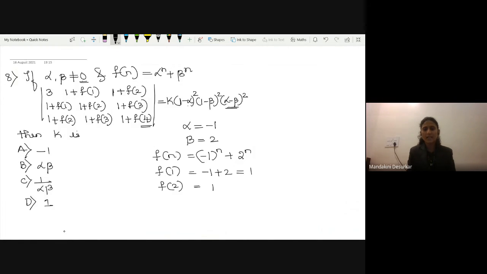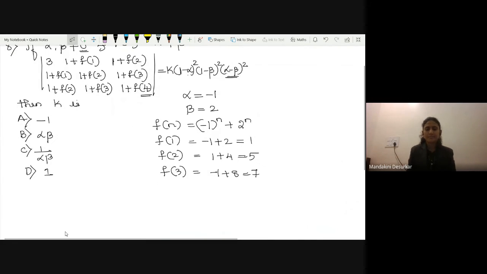It is 1 plus 4, which is equal to 5. F of 3 is equal to minus 1 plus 8, which is equal to 7. F of 4 is equal to 1 plus, what is 2 raised to 4? 16. So what is my answer? 17.